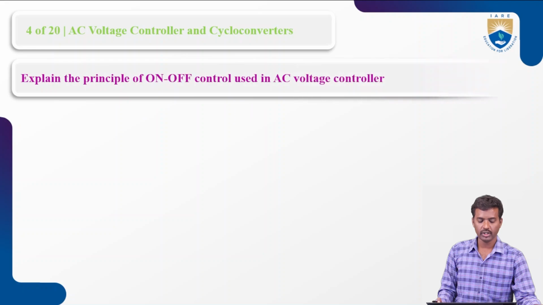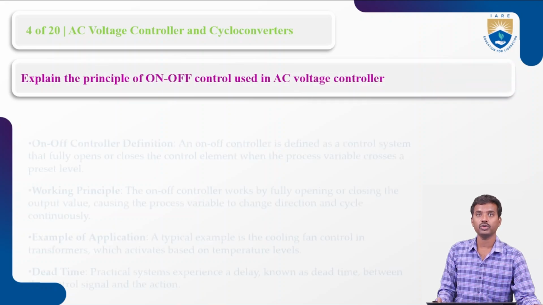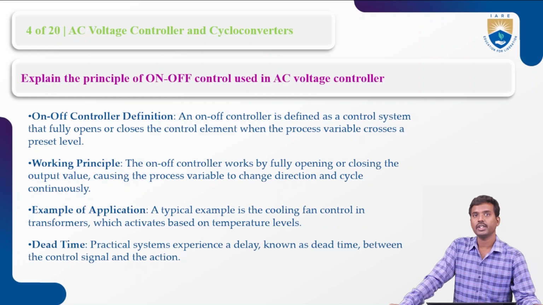Now the fourth question: explain the principle of operation of on and off control used in the AC voltage controller. What do you mean by an on and off controller? It is defined as a control system that fully opens or closes the control element when the process variable crosses the preset value.